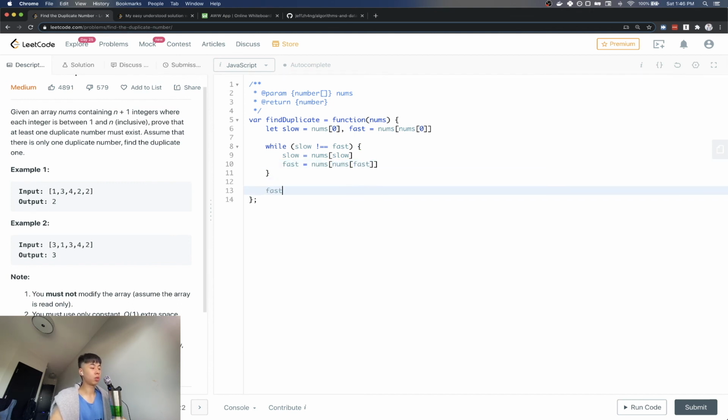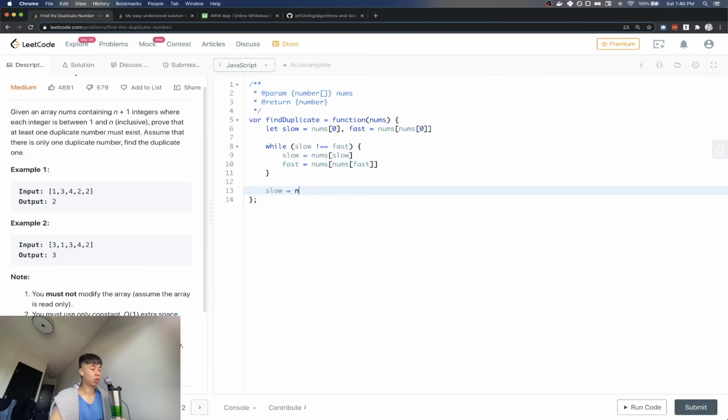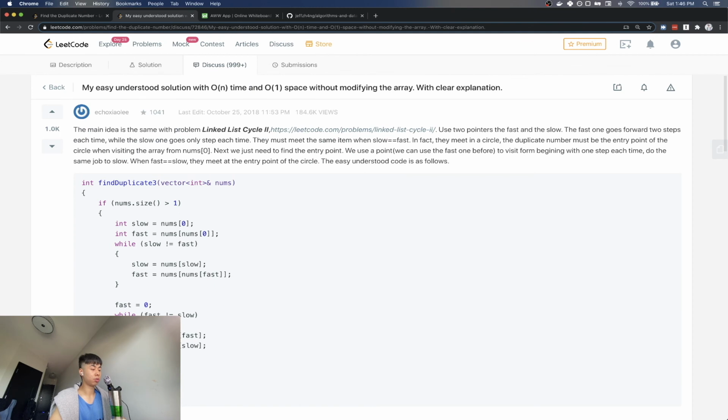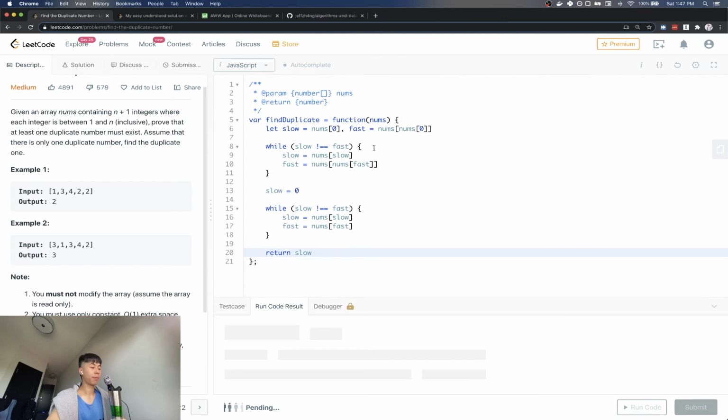Then they're equal, so we'll move slow to equal nums at 0, I believe. Oh, is it just 0? And while slow does not equal fast, we move them by 1. So this is the detection of the head of the cycle algorithm. And then we return slow.